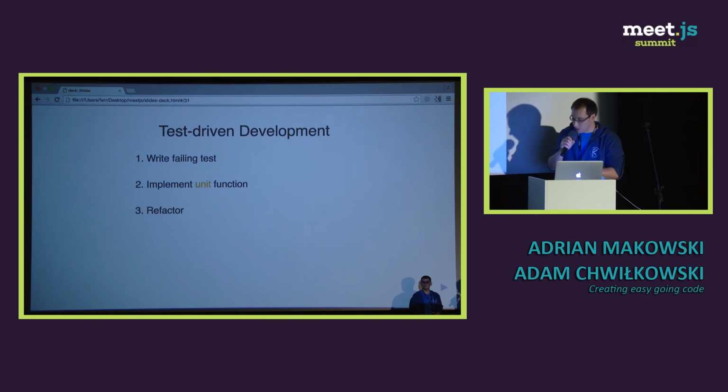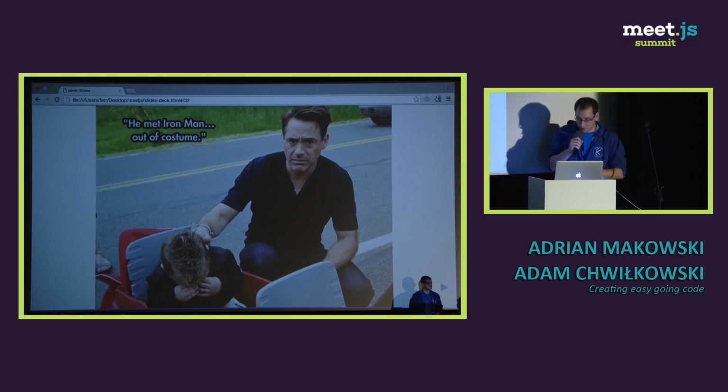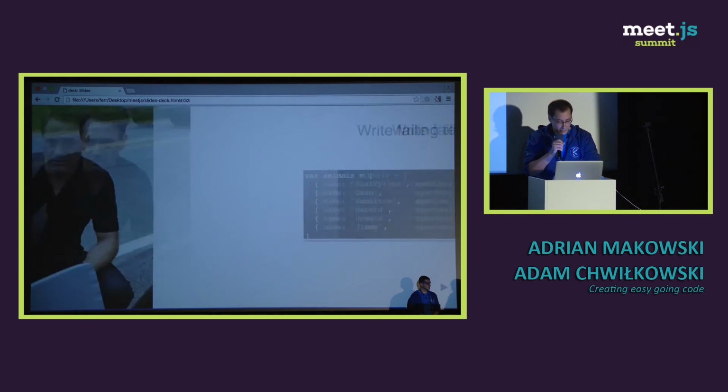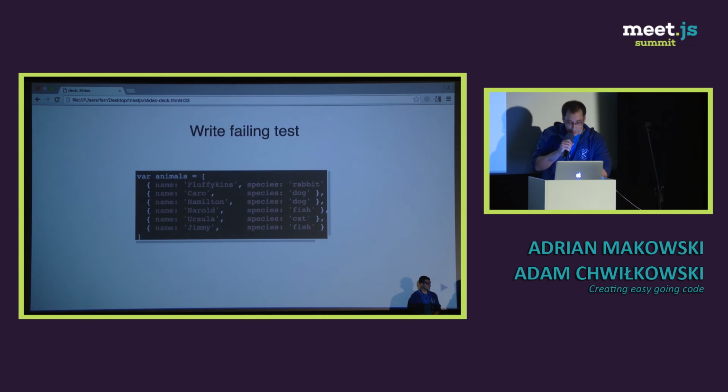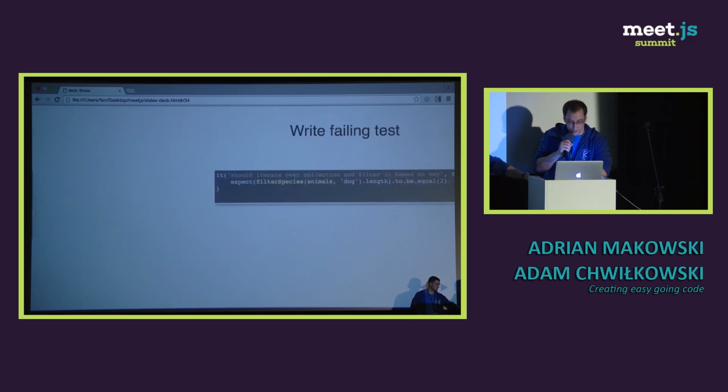I will show you now how to do it in practice and how easy it actually is, because your code without tests is like Iron Man without the suit. So we have a collection of animals here, and each animal has name and species properties. You want to create a function that filters those animals for a given species key.